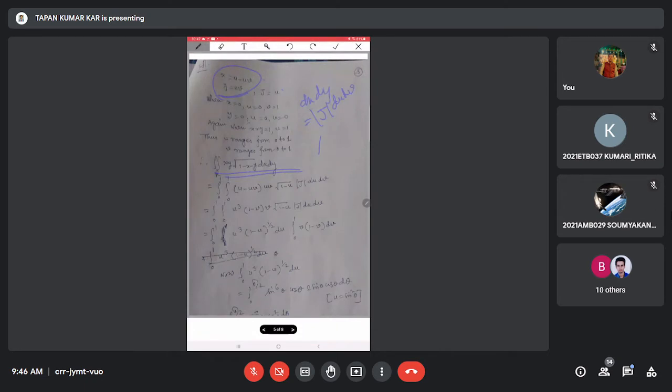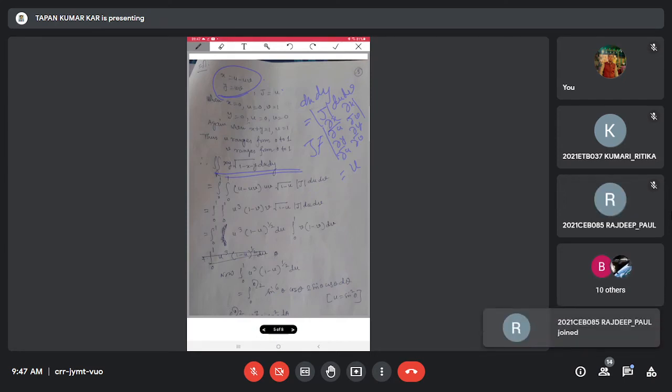So here J equals what? You know that already: the determinant of dx/du, dx/dv, dy/du, dy/dv, and if you evaluate, that is u.